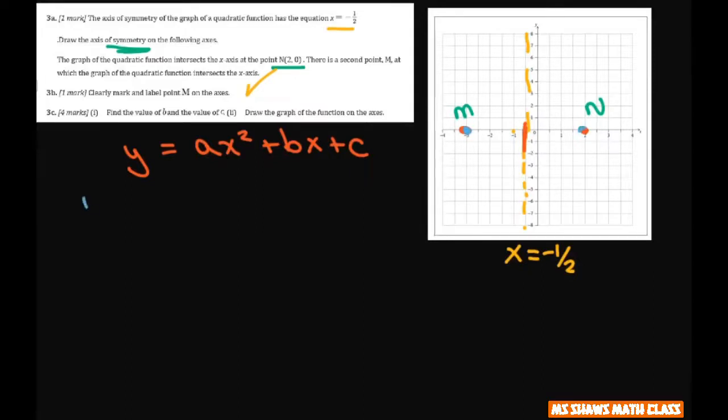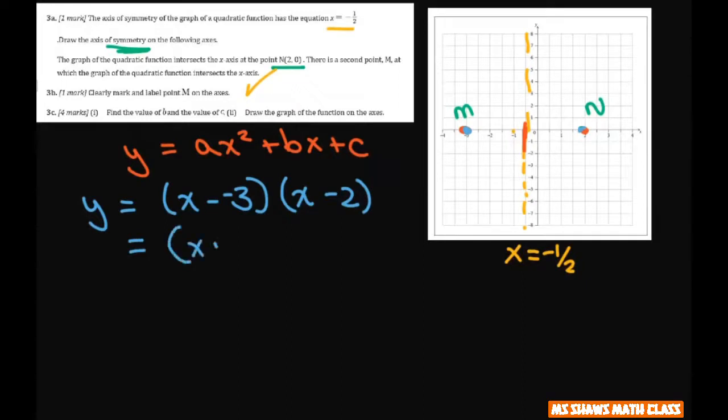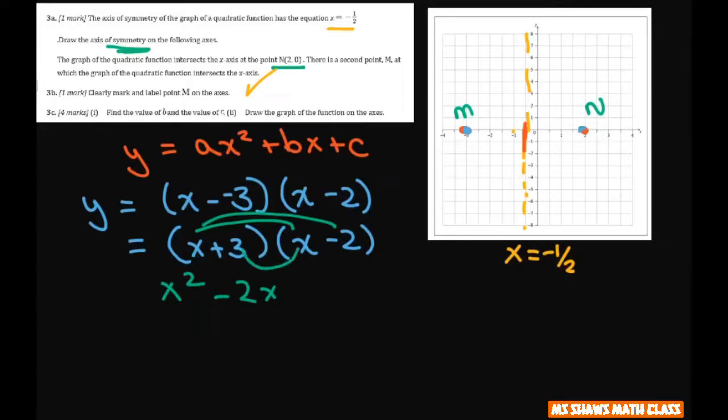So what you're going to do is write this as y equals x minus a negative 3 times x minus 2, which gives you x plus 3 times x minus 2. Now you FOIL this out, you get x squared minus 2x plus 3x minus 6.